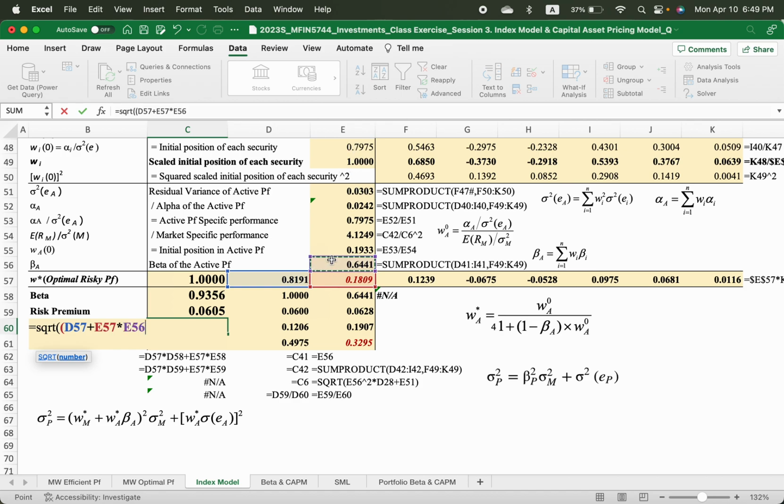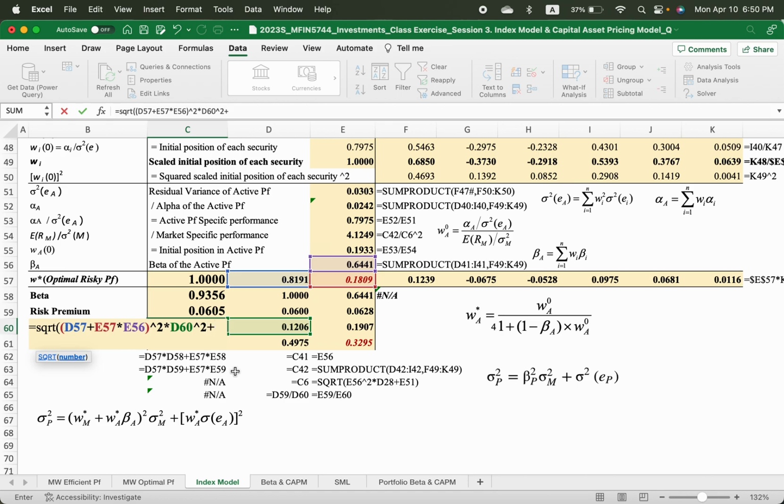There you go. Close the parenthesis to the power of 2. And then multiplied by, okay, here you go, the standard deviation to the power of 2 of the market index. We complete this half part, right?